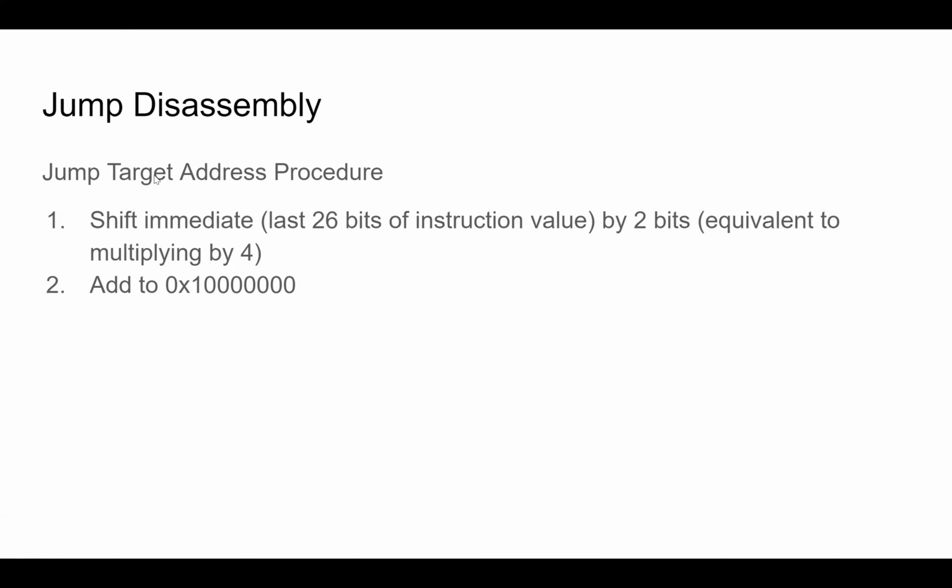You take the instruction value, and then you take the last 26 bits of it, and shift it to the left by 2 bits. And then you just add that to this hex 10000000 value. That's like the base.